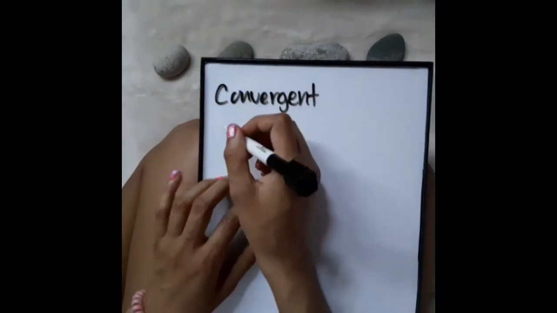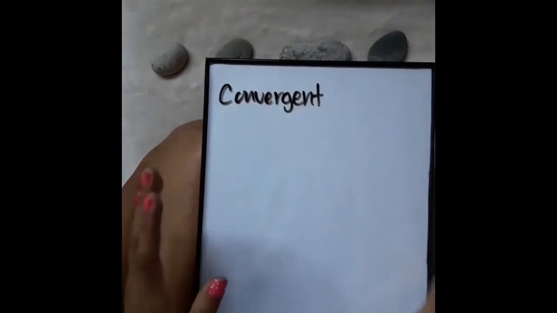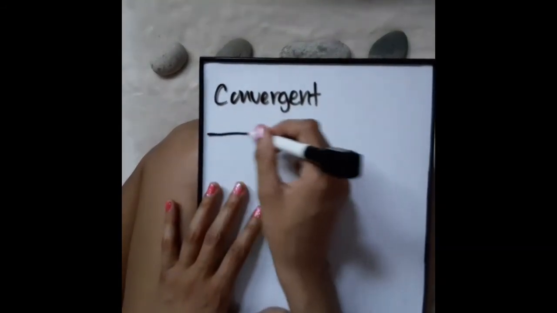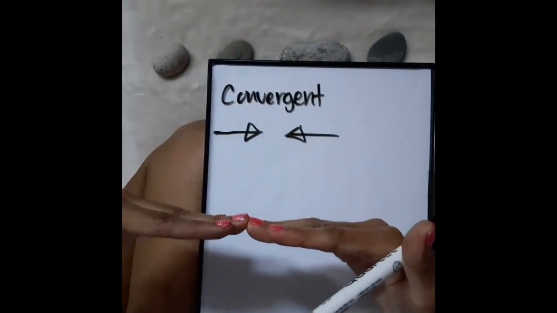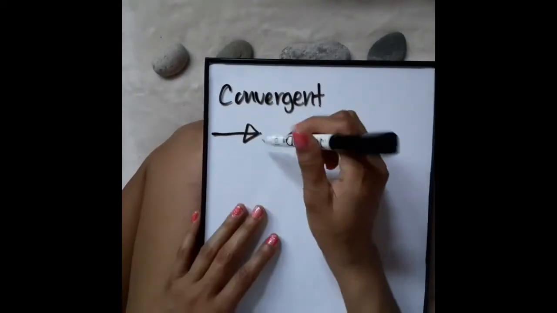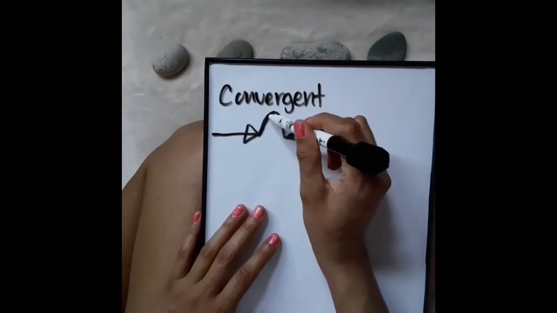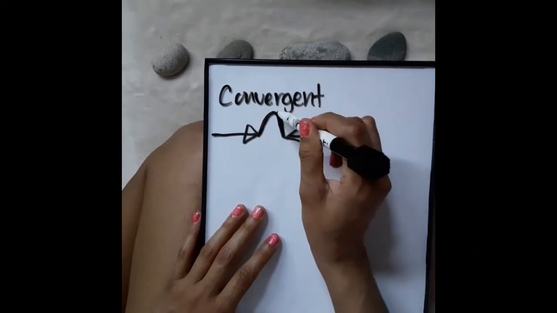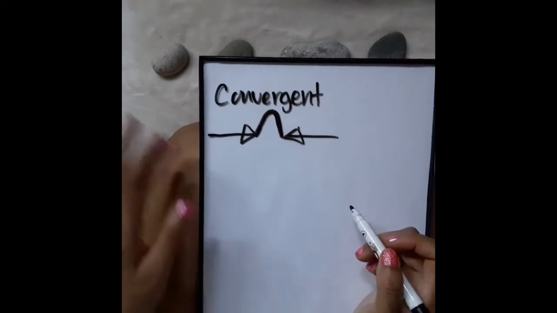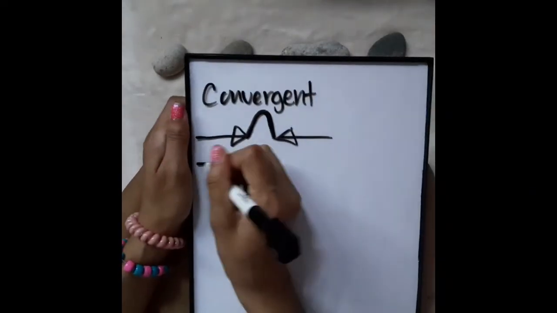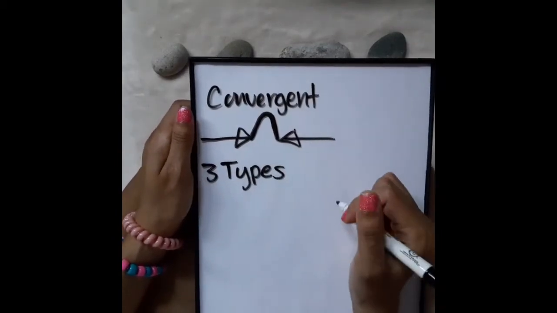This happens when two plates come into contact with each other and then push up, creating mountains, volcanoes, islands, etc. So then, with that in mind, there's three types of those. Three types of convergent subductions.